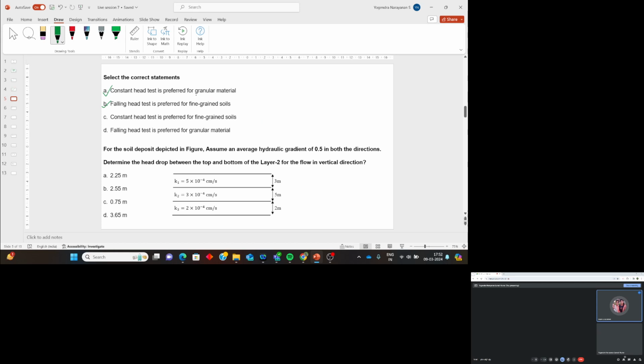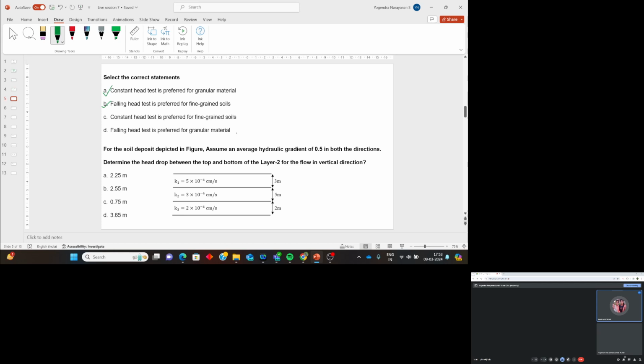So which type of soil has relatively higher hydraulic conductivity? Granular soils will have higher hydraulic conductivity, or fine grained soils will have hydraulic conductivity higher.